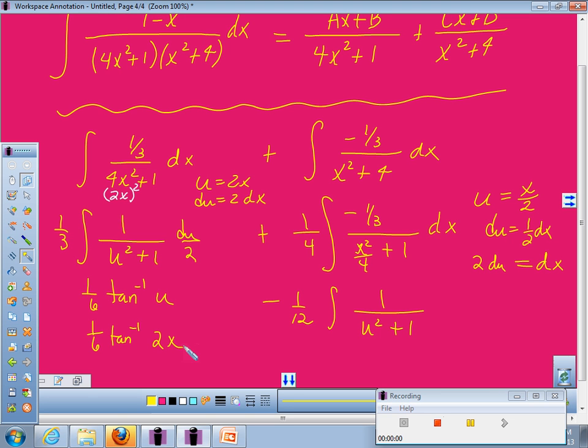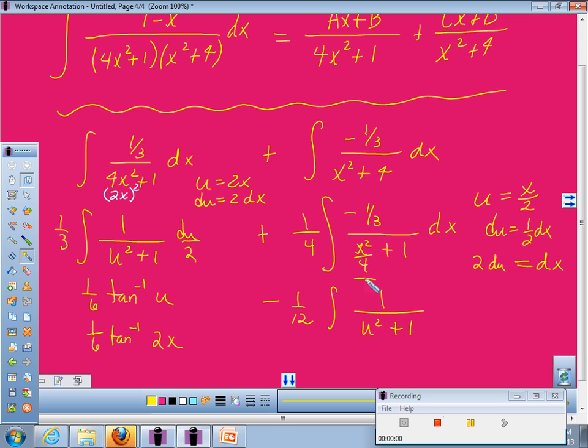If you go over here to the second part, it's similar, except this time you have x squared plus 4. To be an inverse trig function, you can't have a 4. It has to be x squared plus 1. So the first thing you have to do is get that 4 to become a 1. So what we did is we pulled a 1/4 out, the 4 out of the bottom, but by pulling 4 out, it made me get an x squared plus 4 here.